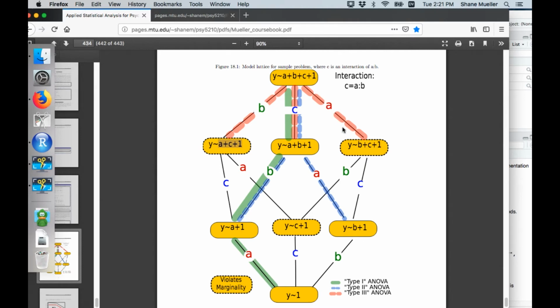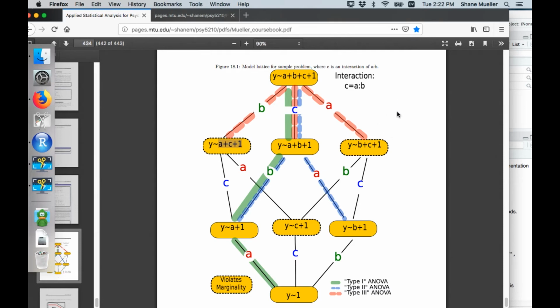So the issue here is deciding between type 1, which is probably wrong, this is rarely what you want, type 2, which may be what you want, but notice that you're testing A only in the context of AB and B only in the context of AB. Or type 3, which tests each main effect in the context of the interaction.